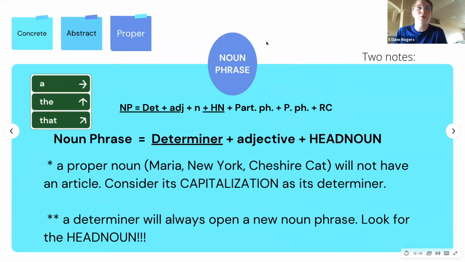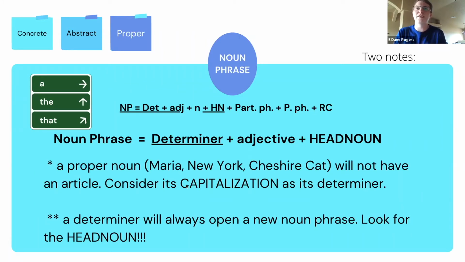All right, so two notes on noun phrases. A proper noun like Maria, New York, or Cheshire Cat will not have an article. They'll have no determiners. This is because you can consider its capitalization, its capital letter, functions like its determiner.